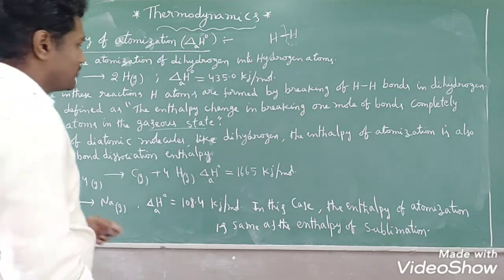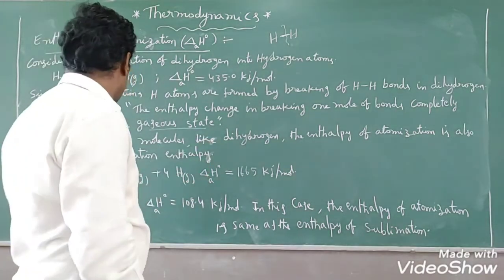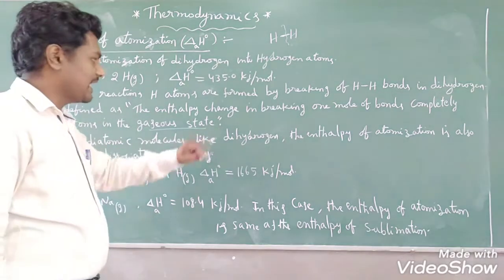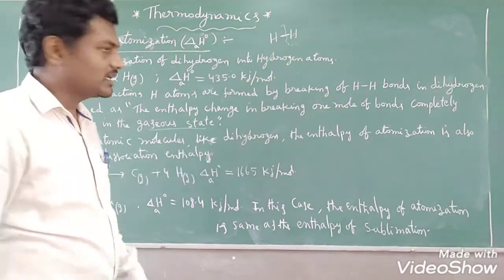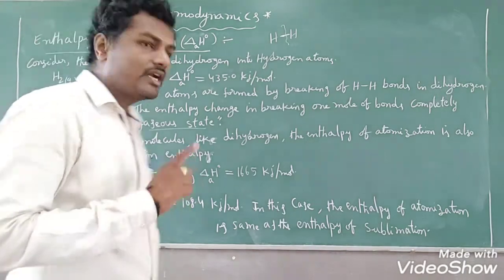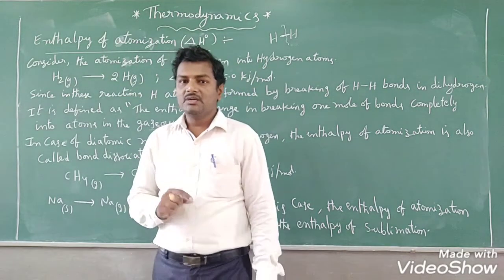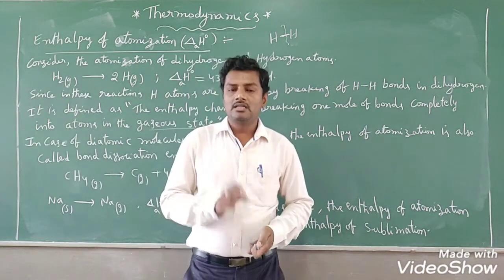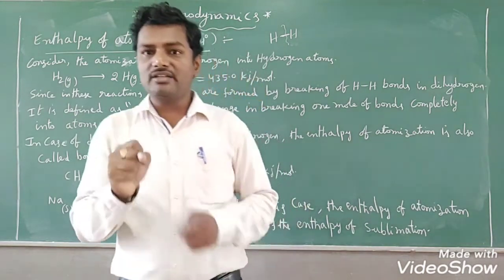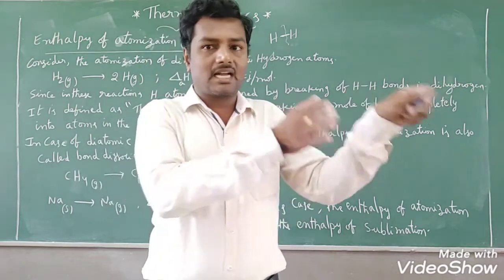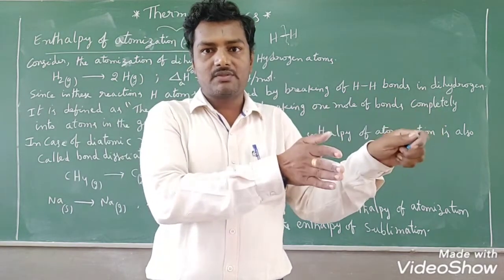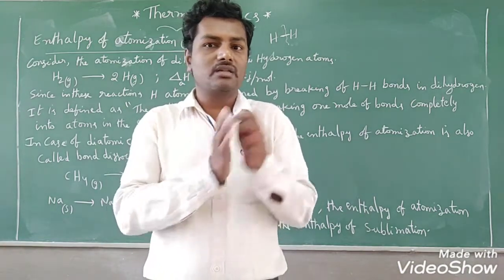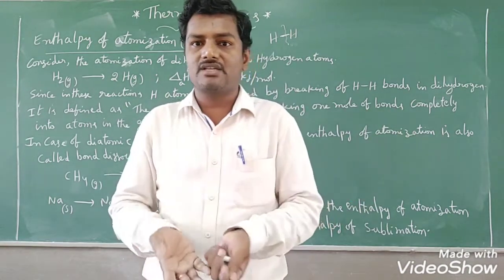Now take any one molecule, like dihydrogen, which we have taken and discussed. In the case of diatomic molecules like dihydrogen, the enthalpy of atomization is also called bond dissociation enthalpy. What is the meaning of atomization first of all? The amount of energy required to break a particular bond into constituent atoms is called atomization. So conversion of molecules to atoms is nothing but atomization, right?